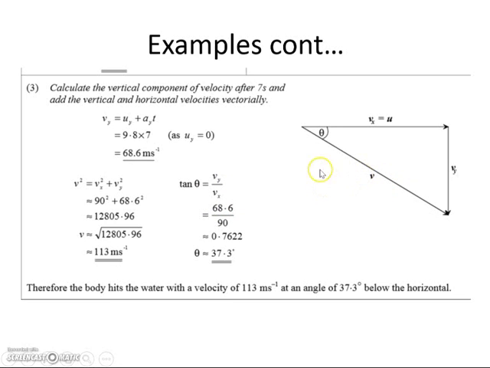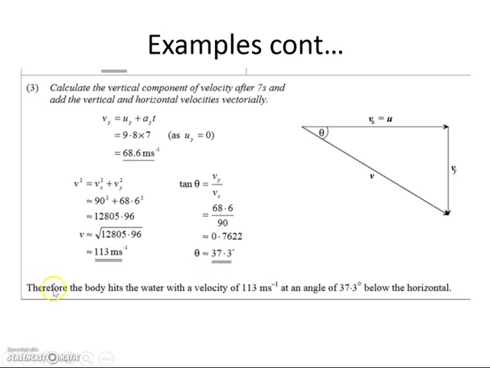Because we have Vy and Vx, that's opposite and adjacent, so it's a tan function. So the inverse tan of 68.6 over 90 gives 0.7622, and the inverse tan of that gives an angle of 37.3.